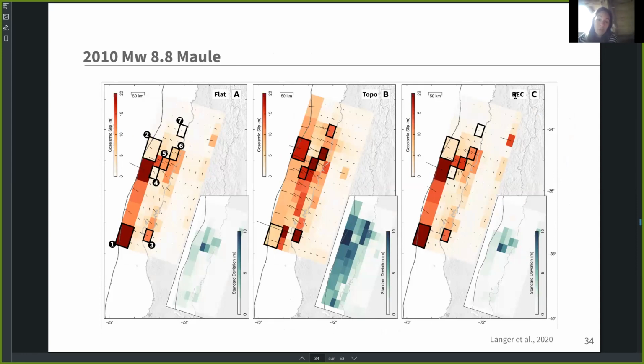If you look at the results accounting for topography, they are really different. For instance, at the trench, we have less slip inferred and in a different location. Even deeper, we have larger slip and in a different location, etc. I won't expand on these results because the idea was not to have a very robust image of the Maule earthquake, but just to show the impact of topography.